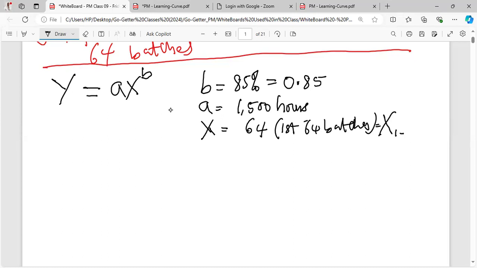So it means from batch 1 down to batch 64. That is what this is. So we are asked to look for Y. So our Y is unknown. So we can come here and say Y, but hold on a minute.